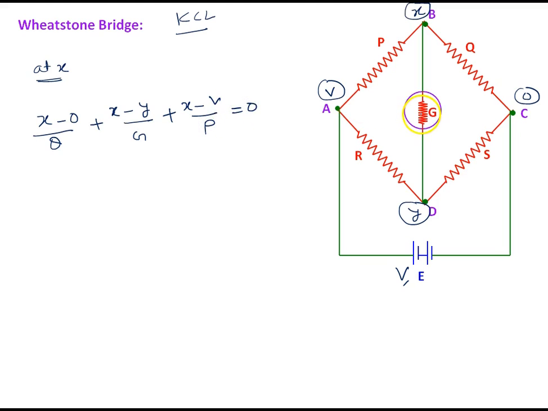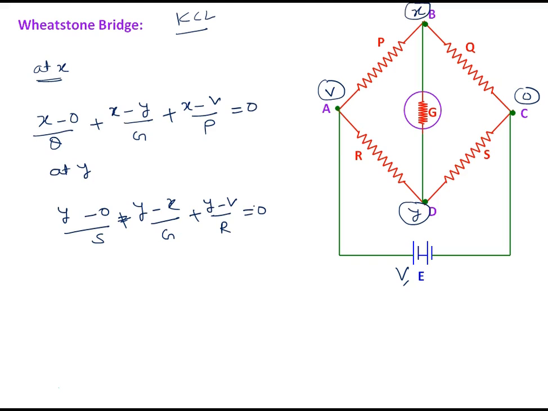G is the resistance of the galvanometer. Then I write the KCL at junction Y. What will I say? (Y minus 0) upon S, plus (Y minus X) upon G plus (Y minus V) upon R equal to 0.